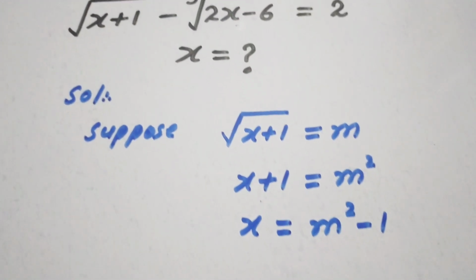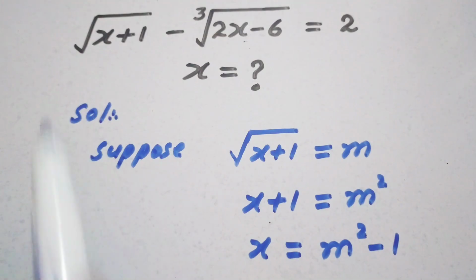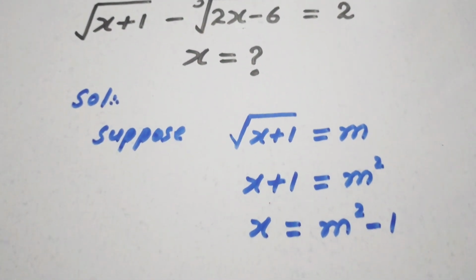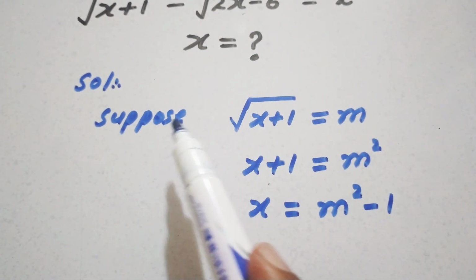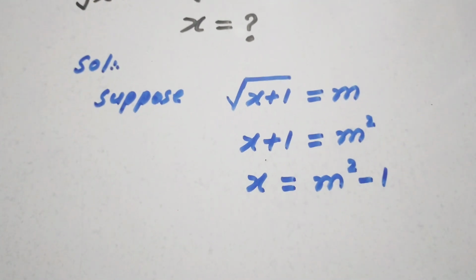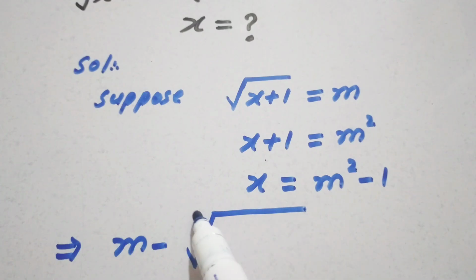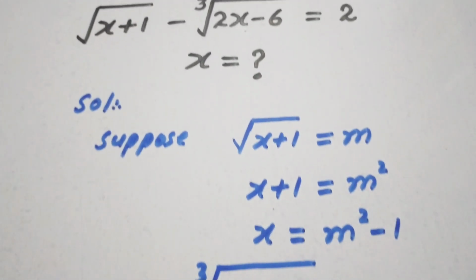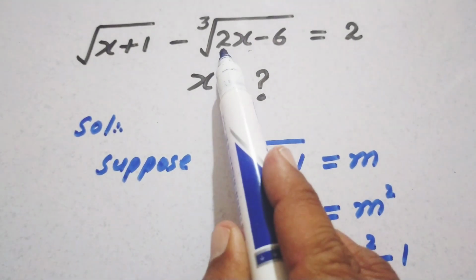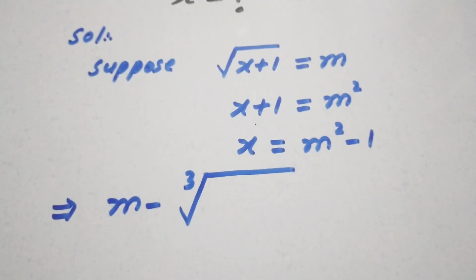Using these values in this equation, instead of square root of x plus 1 we will write m. This is equal to m minus cube root of 2 into x.